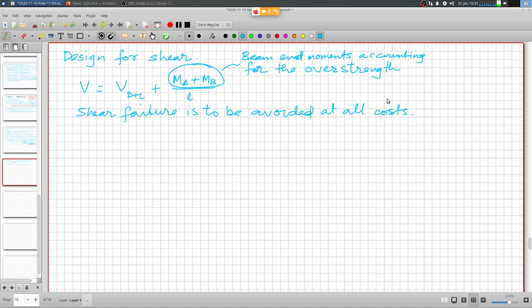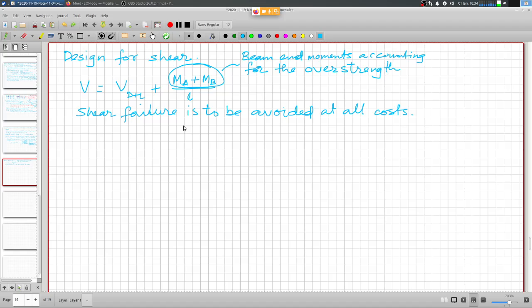And there is a fairly straightforward way of calculating the shear force due to gravity loads, obviously with incorporation of appropriate load factors. And then the moments because of the earthquake effects, the end moments in the beam, need to be amplified.